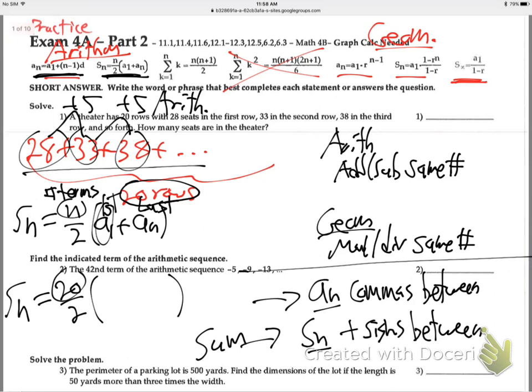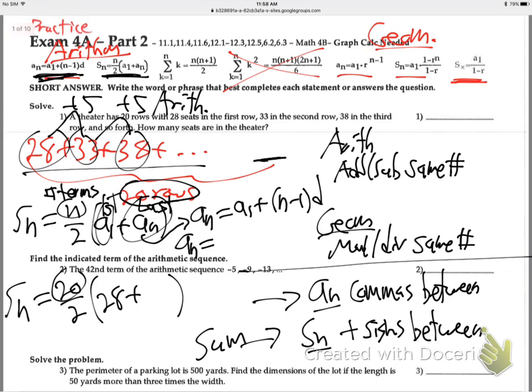First term is 28. Good so far. What's the last term? I don't know. It's somewhere back here and I don't have it. So I've got to find a sub n. So now I'm going to use the other formula, the a sub n, because I don't know it. So what is a sub n? Grab it up here. It's a1 plus n minus 1 times d.